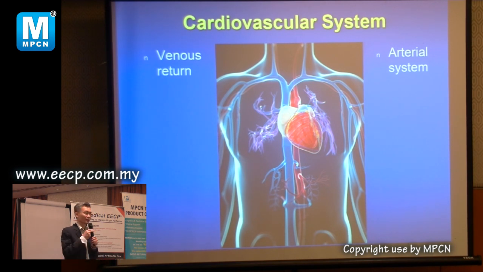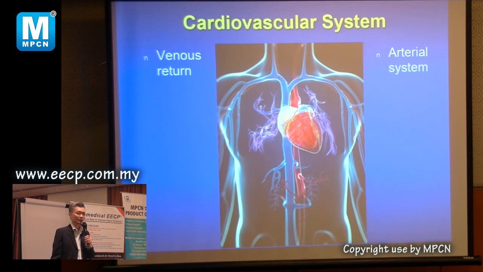So EECP works by contracting your leg, the whole leg. In your leg, there's artery and also vein, right? So when you contract the artery, same principle, it increases blood flow during diastolic. But you have a vein also. The leg has a lot of veins, and it has a lot of blood in the leg.